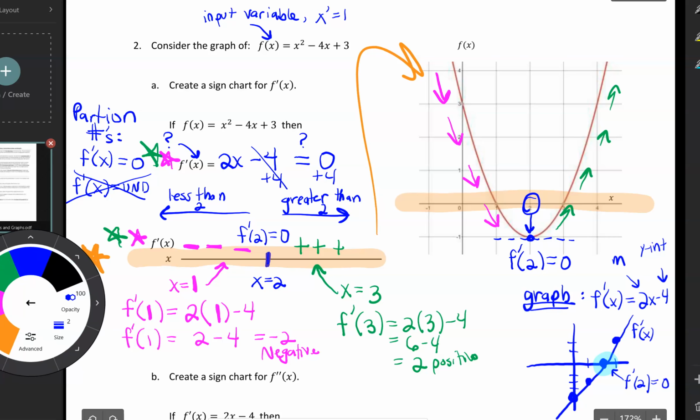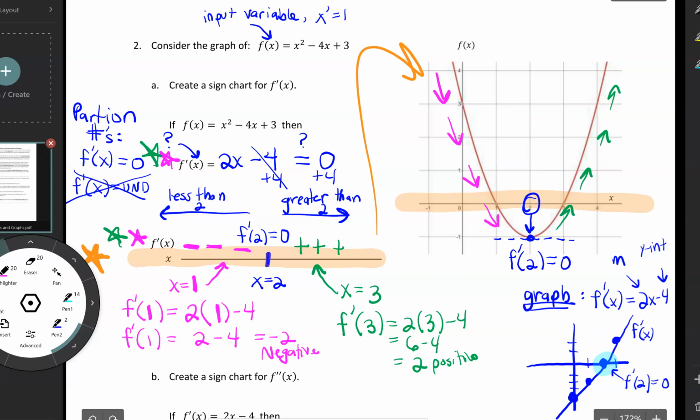And then if I look over here to the left, see how all those outputs are negative? Those negative outputs are corresponding to this part of the original graph that had negative rates of change. A negative rate of change on the original graph is corresponding to negative outputs on the derivative graph.